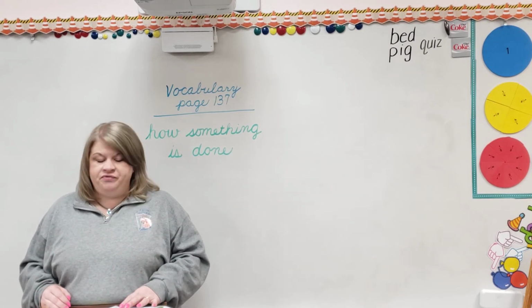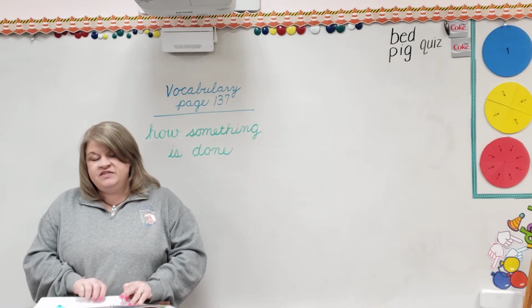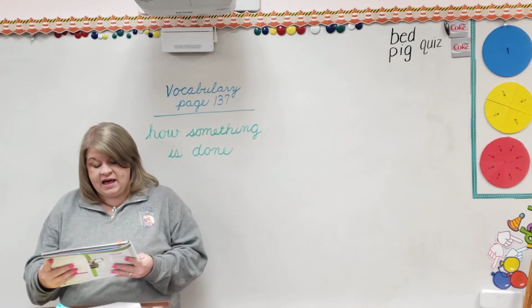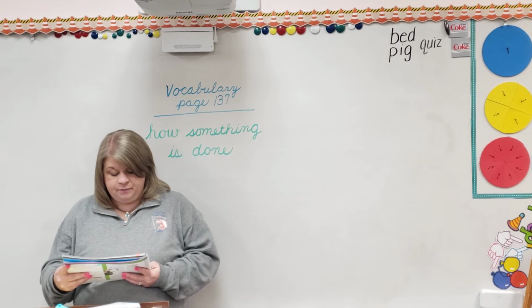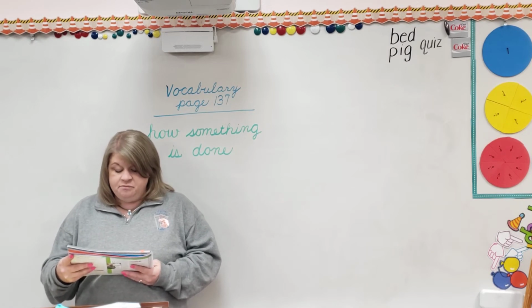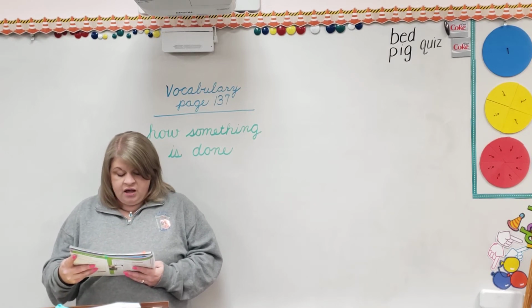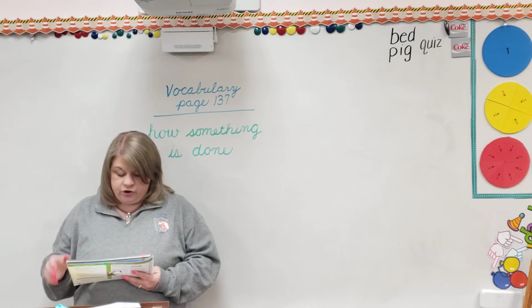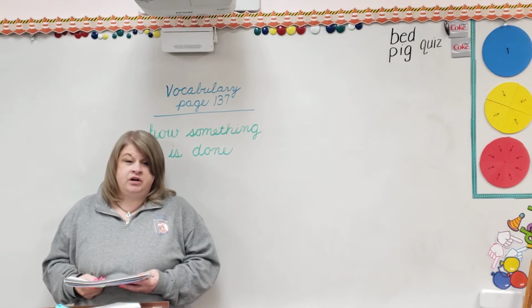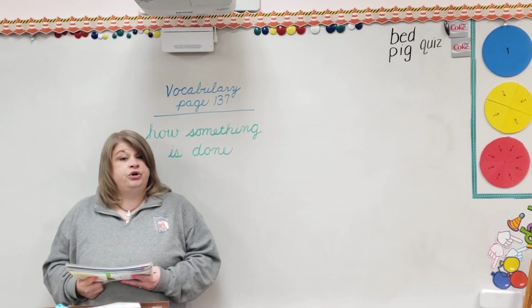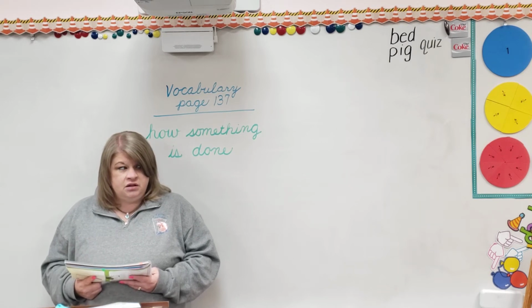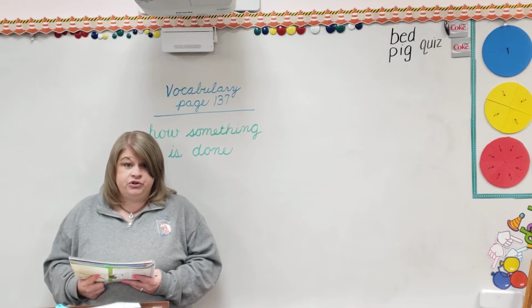Look at the top of 137. They give us an example. It says, in my book report, I mentioned the author by writing a few details about her. Mentioned is the word. If you didn't know what the word mentioned means, you could look at that sentence and get some clues.